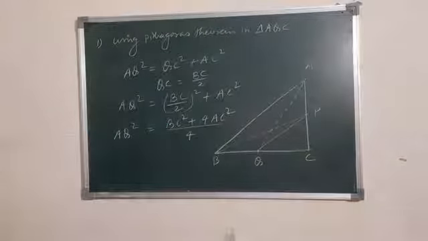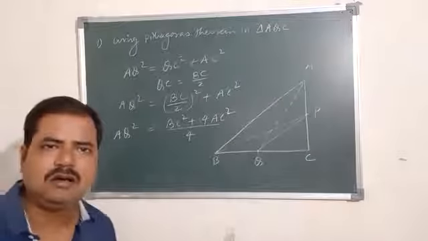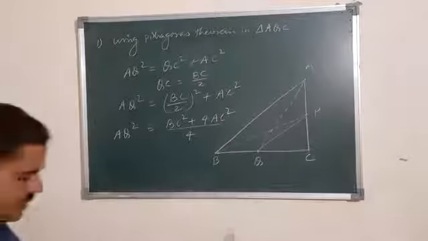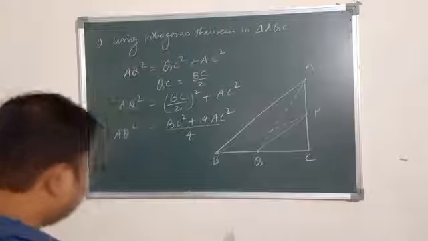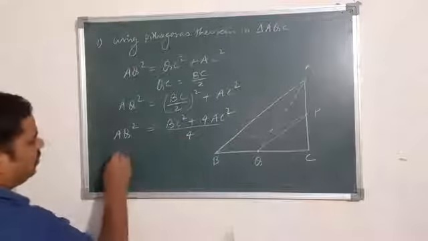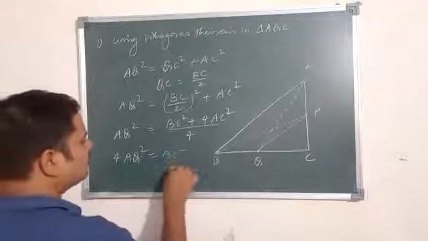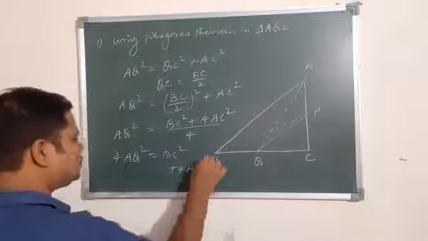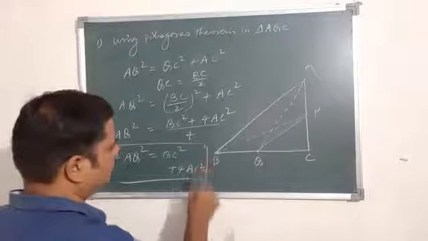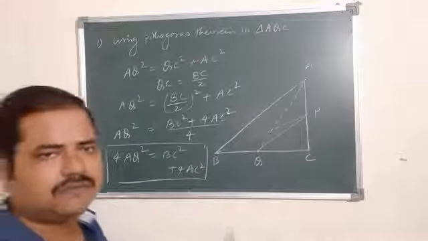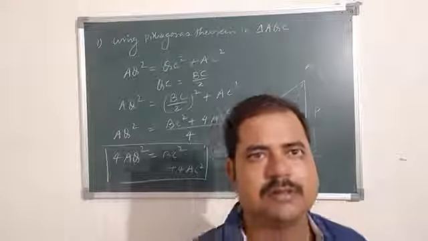You solve it. So 4 times AQ square is equal to BC square plus 4AC square, and this is your first result. This is the first result of the question.